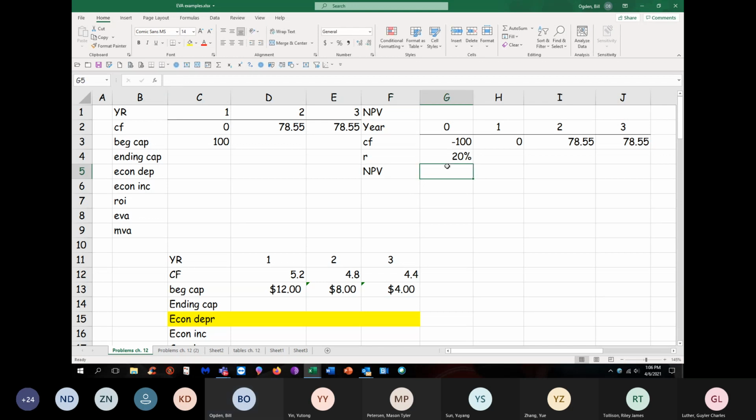We want the present value of these 3 numbers plus the initial investment expressed as a negative number. So we'll say equals NPV, cost of capital, and then we'll take our cash flows 1 through N and add back to that our initial investment.